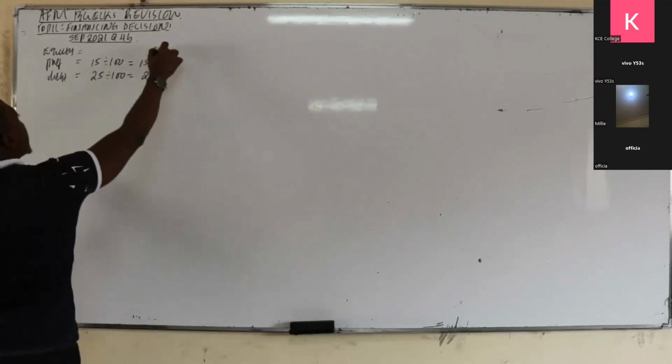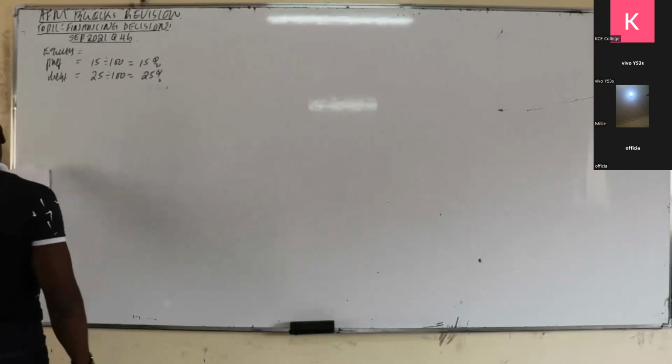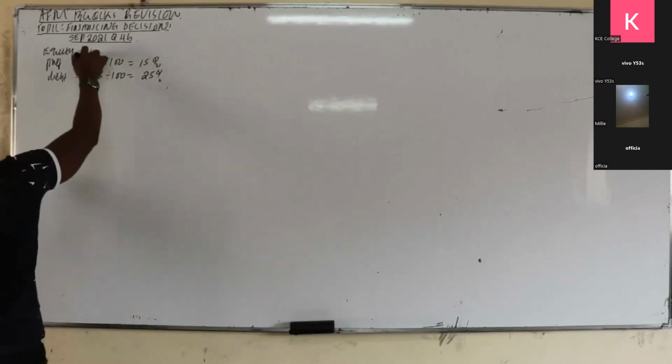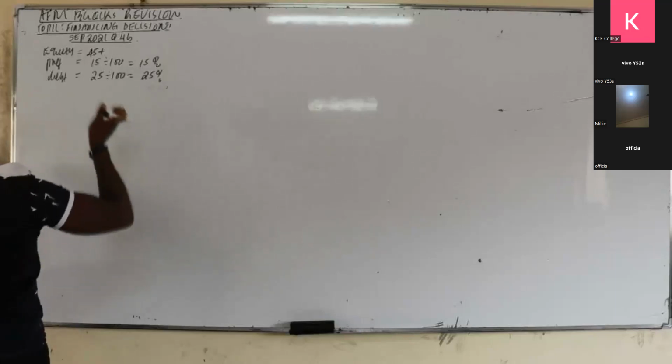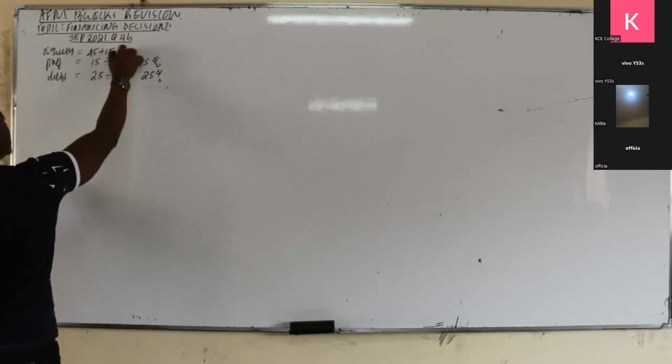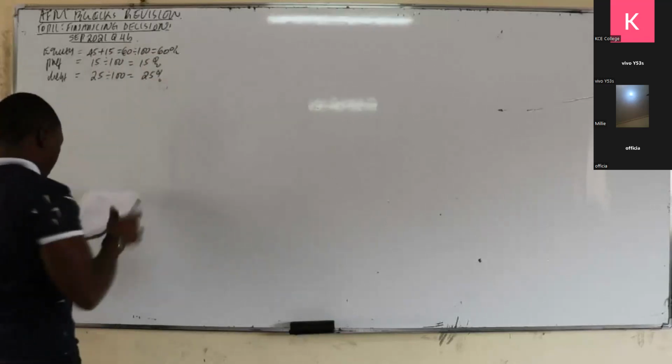If you take 45 plus 15 plus 25, does it give you 100? So ordinary share capital, you have 45. And also you have reserves. Reserves is part of the equity, an amount of 15, you get 60, you divide by 100, so it will be 60%.